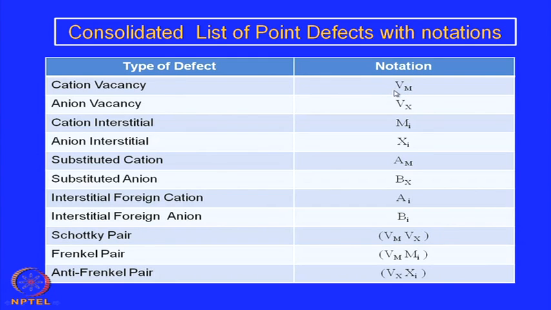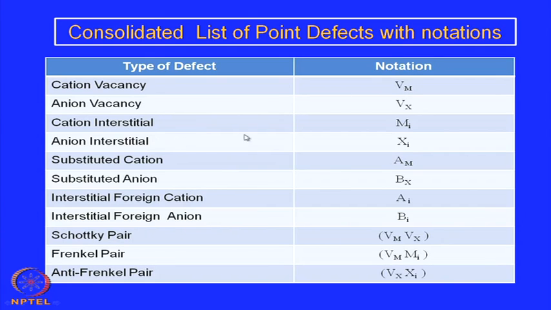So, Vm is the notation for the cation vacancy. Any vacancy actually is denoted by V. So, either it is Vm or the next one, the anion vacancy, which is Vx.